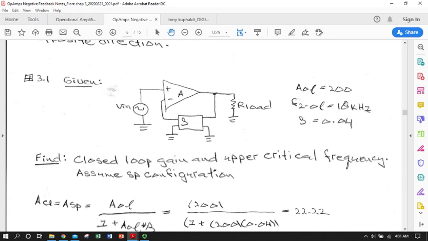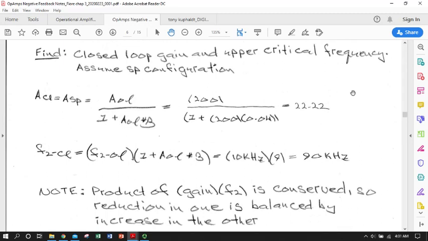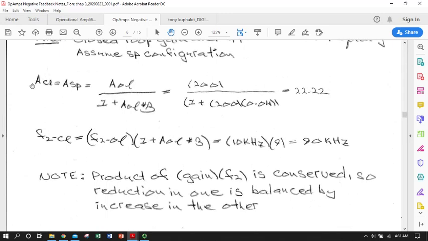So, you know, that's pretty high frequency, so maybe the op amp designers decided to trade midband gain for a higher working range. We're going to feed back 4% of it. We're going to see if we can make this working range even bigger, and we're going to see how much of that open loop gain we lose in the process. So, well, let's start by getting our closed loop gain. How do we do that? We apply the formula we just derived.